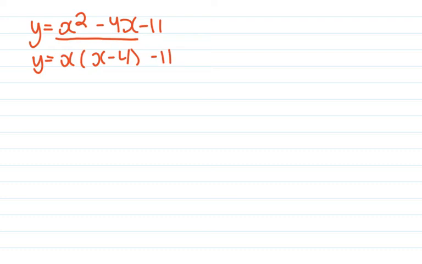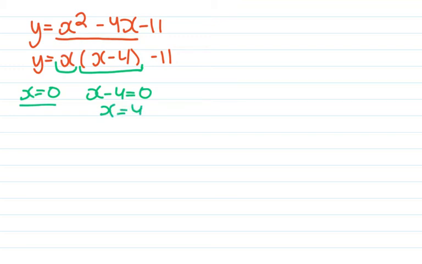Now we're just going to look at still the first section, and we're going to split it into two sections and set each of those equal to 0. So x equals 0 and x minus 4 equals 0. And then solve for x, just like we do when we find the zeros. So x equals 0 and x equals 4.